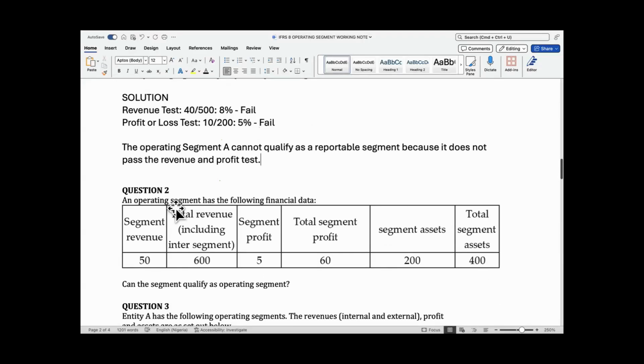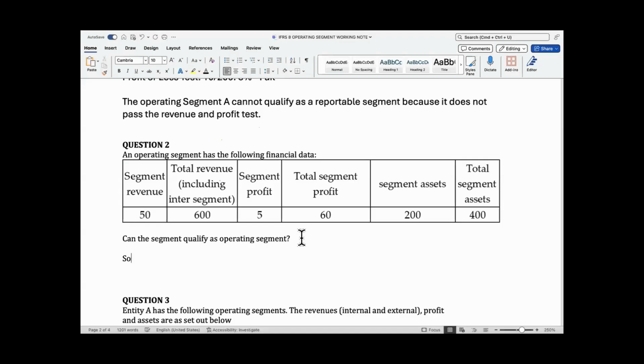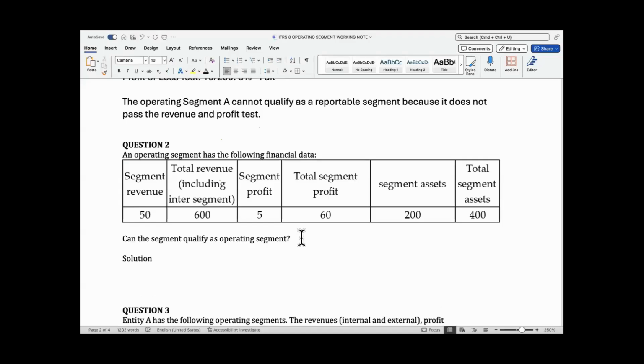The question 2 says an operating segment has the following financial data: the segment revenue, total revenue, segment profits, total profits, segment assets, total assets. Can it qualify? I will do the revenue test or revenue criteria. The operating segment revenue is 50. The total segment revenue is 600.